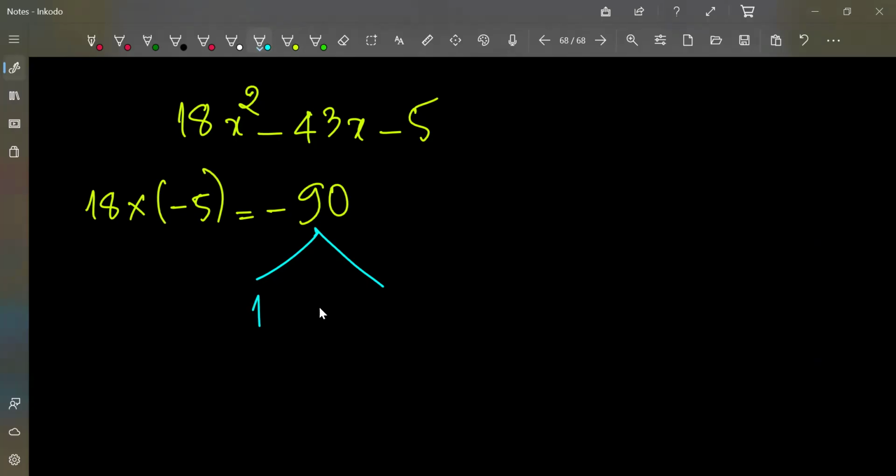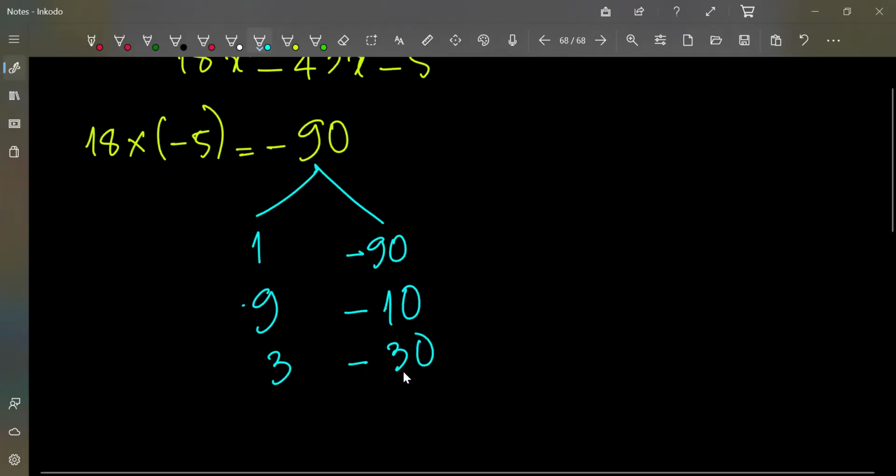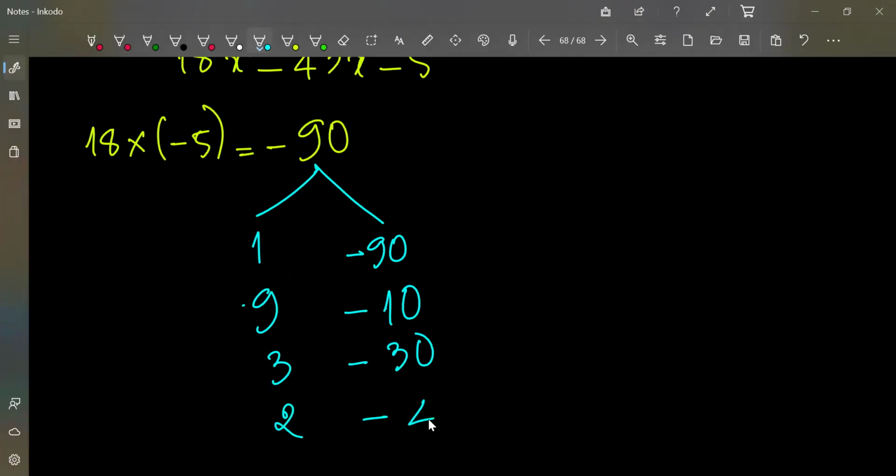So we get 1 and negative 90, 9 and negative 10, 3 and negative 30, 2 and negative 45.